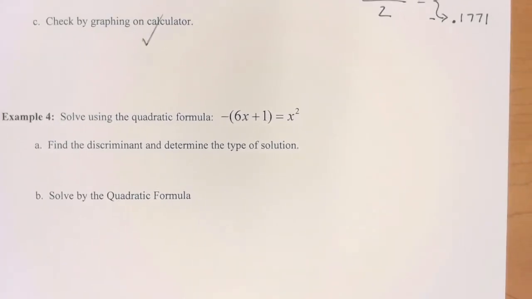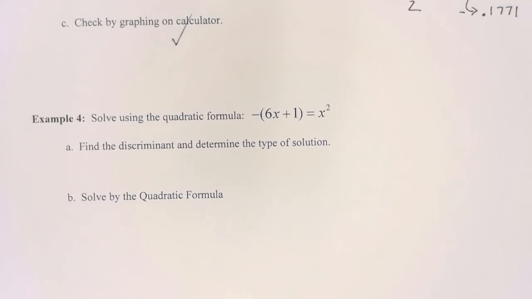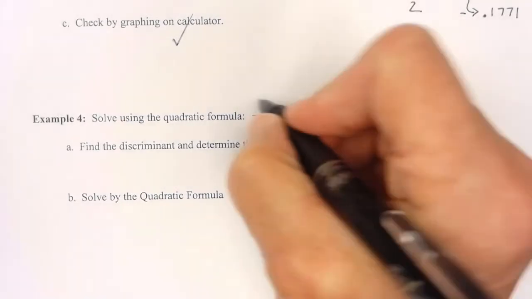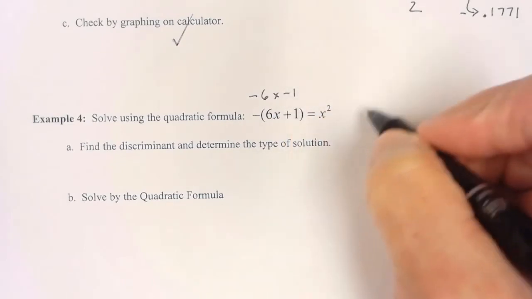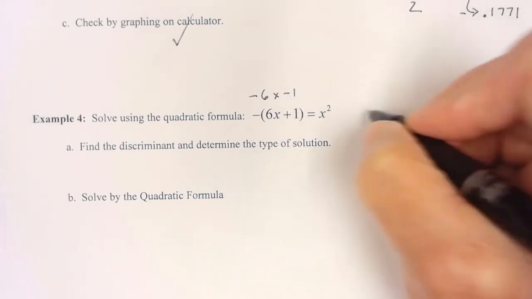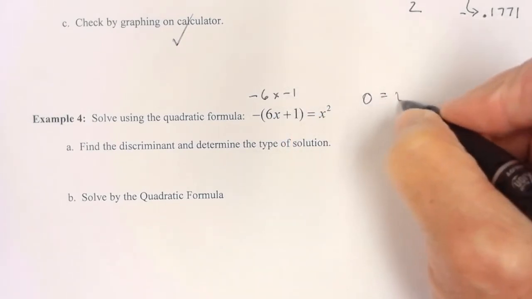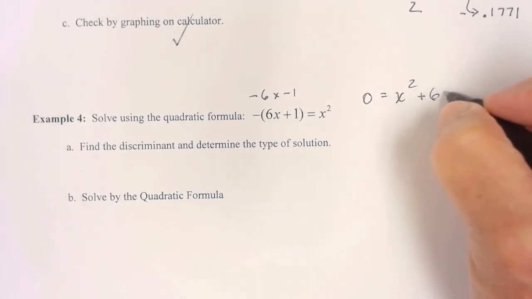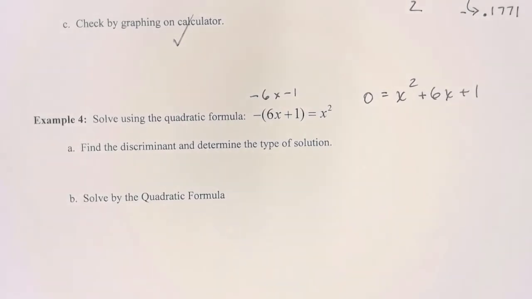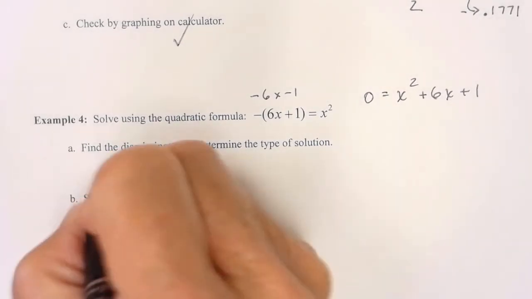Next example. Got to get it in the correct form. So that'd be a -6x minus 1. I'm going to send all of them over to the right-hand side. I like my a value to be positive. So now the discriminant.